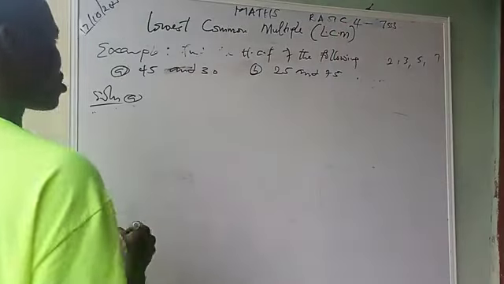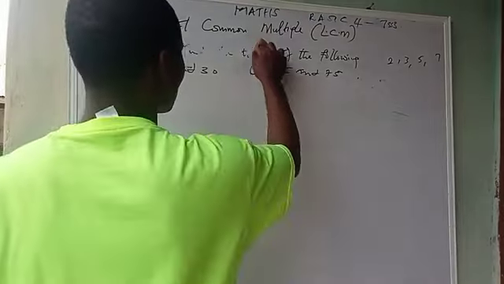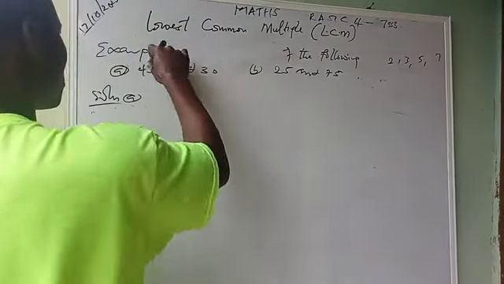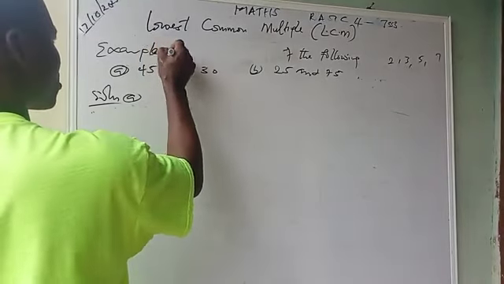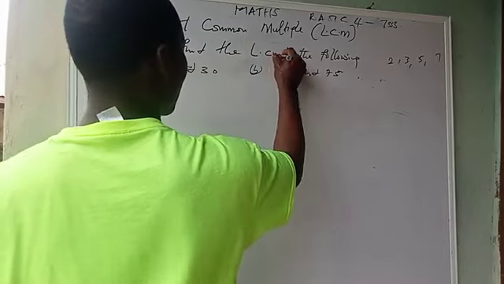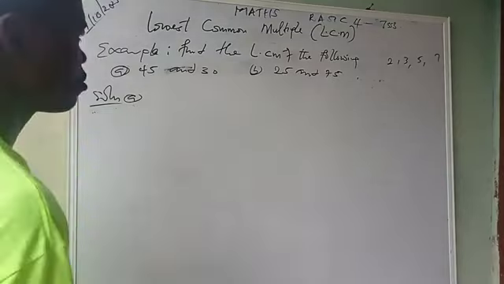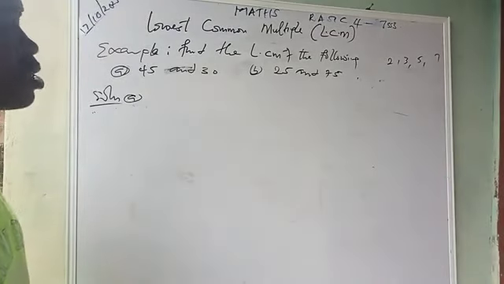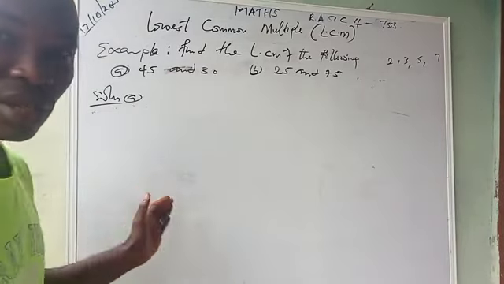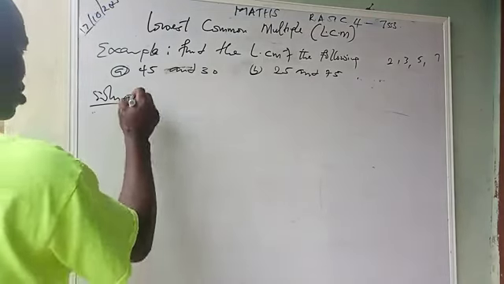Let's make use of this also, of the following. A, don't forget, let's use the table method there. You can use your multiple method also. So use any one you feel like. Let me give it to you then.